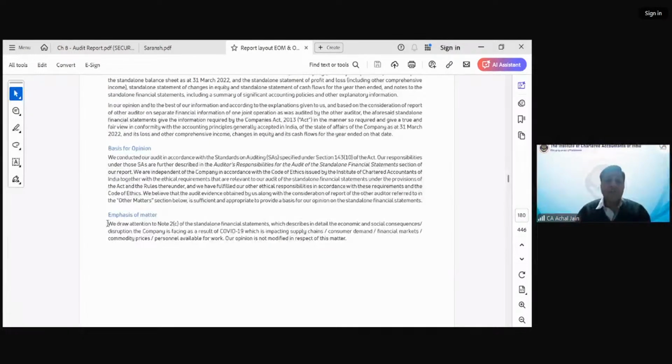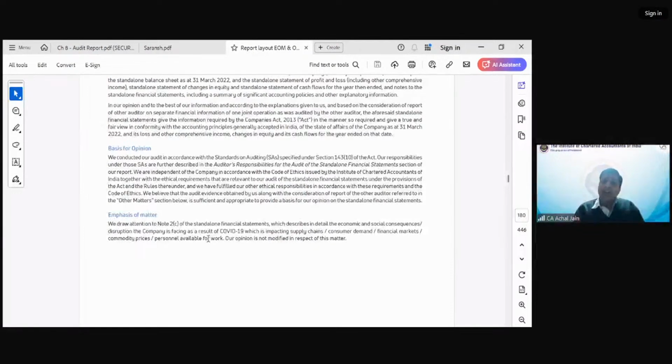So the auditor is saying we draw attention to note 2C of the financial statements, which describes in detail economic and social consequences, disruption the company is facing as a result of COVID, which is impacting supply chains, consumer demand, financial markets, commodity prices, various other things. Okay, so can you understand that? Auditor has not explained the matter. Can you see this? Yeah.